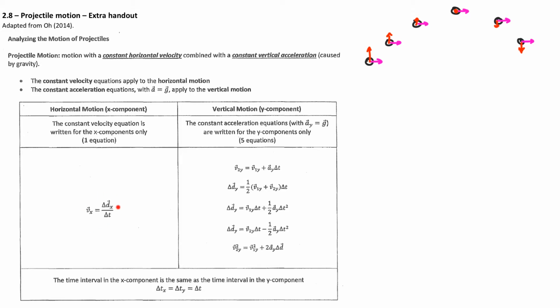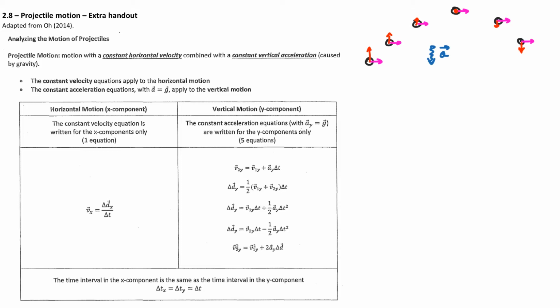In the vertical direction, though, there's always an acceleration acting on it. That acceleration comes from the force of gravity, the gravitational acceleration, approximately 9.81 meters per second squared around the surface of the Earth.